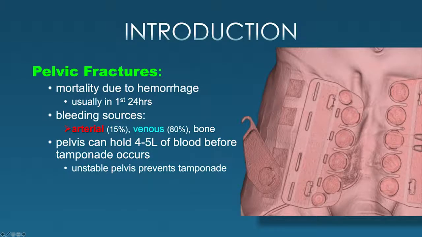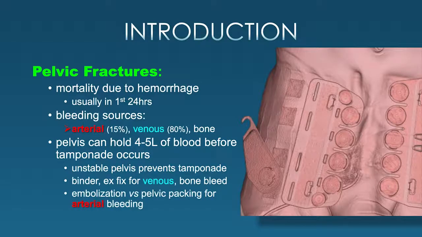This is why we put patients in this kind of a pelvic binder that we see over here. Those are helpful for venous bleeds, for bone bleeds, but if we do determine an arterial bleeding, and that's a separate topic, those patients do require embolization, or if your surgeons prefer pelvic packing, that's also another avenue to approach this, but that bleeding needs to be stopped and controlled in some way.